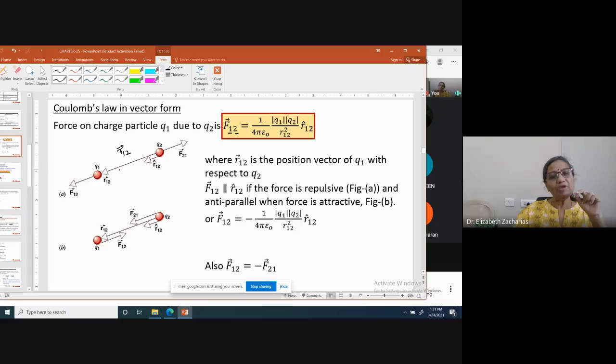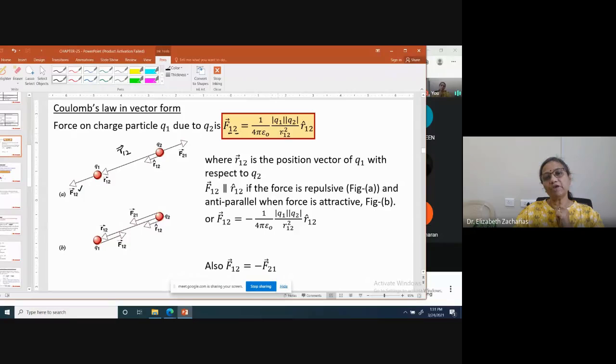Okay, and let me look at the force. If both of them have the same sign, you know that there is going to be a repulsion. Repelling means Q1 is trying to move away from Q2. So F12 gives you the direction. Now what you do is write the equation for F12 using Coulomb's law.